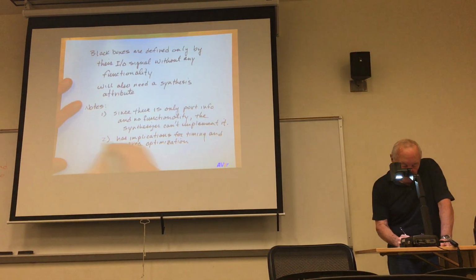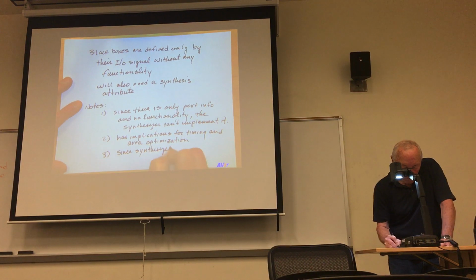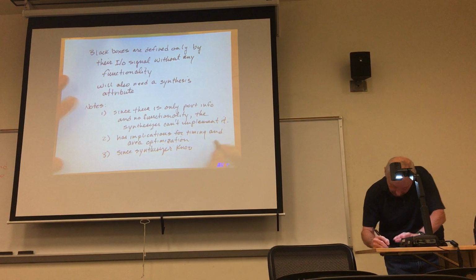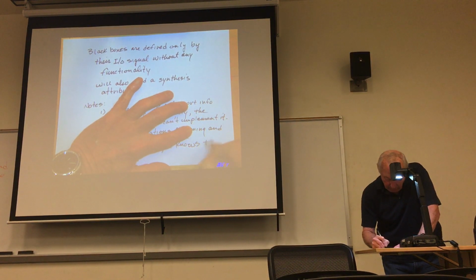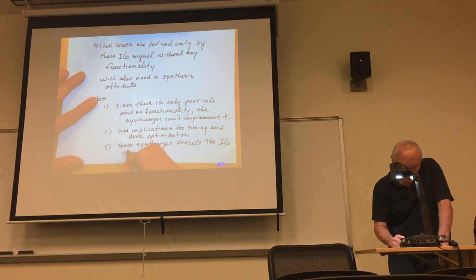There is one thing, however. Since the synthesizer knows the I/O, the design hierarchy is preserved.